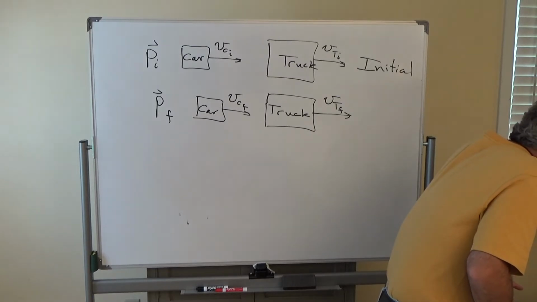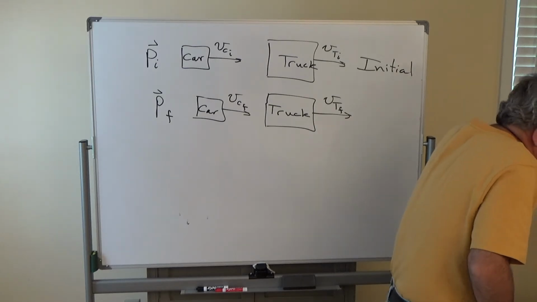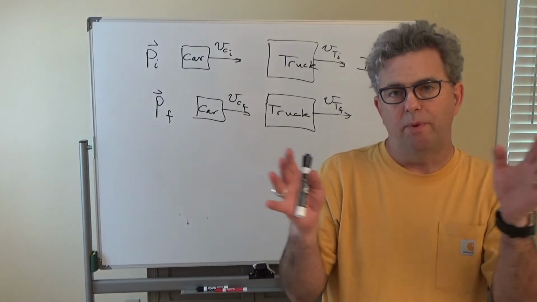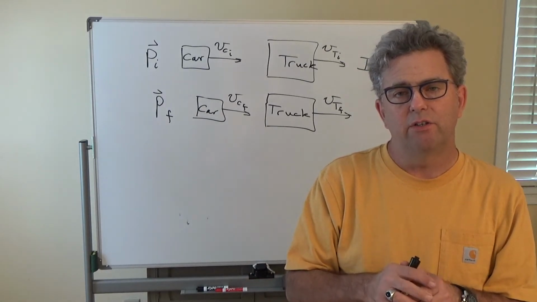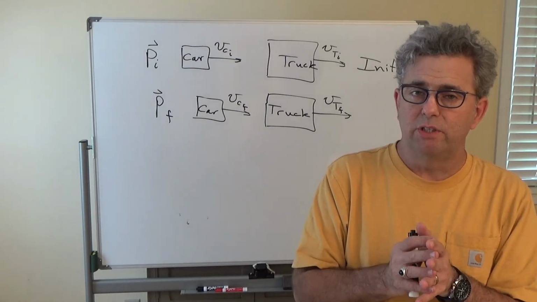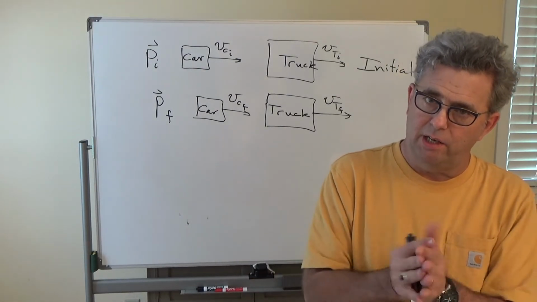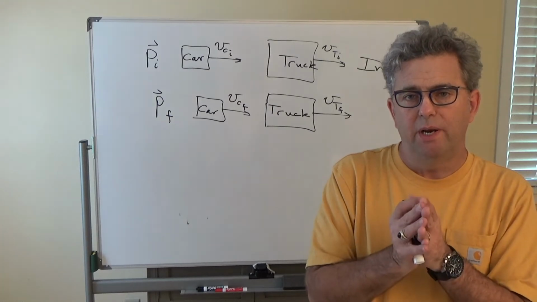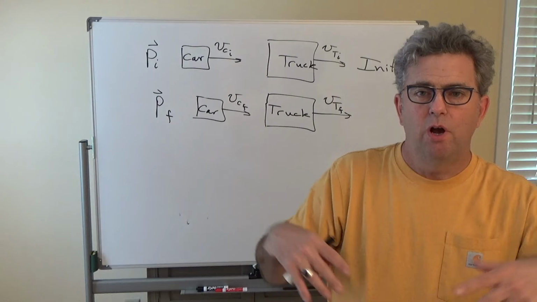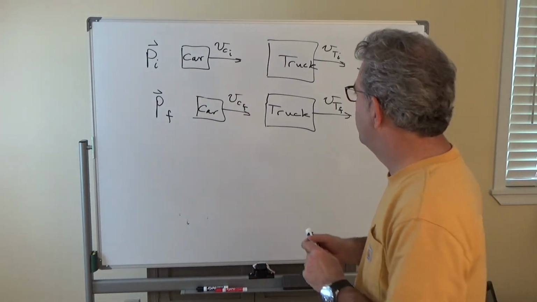Then part B says, what is the change in mechanical energy of the car truck system? So the change in mechanical energy is going to be that change in kinetic energy. Momentum was conserved, but kinetic energy is definitely not conserved. You had a collision, some of the energy went into smashing the cars together, and who knows, parts flew off, okay?